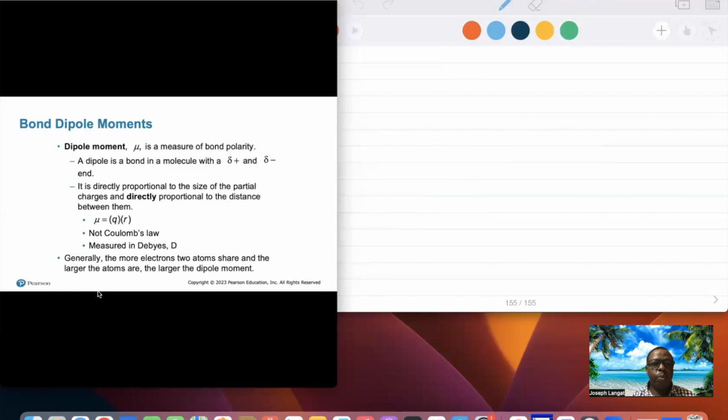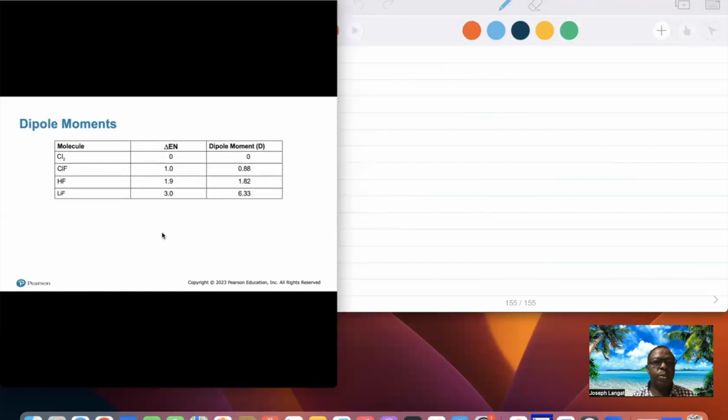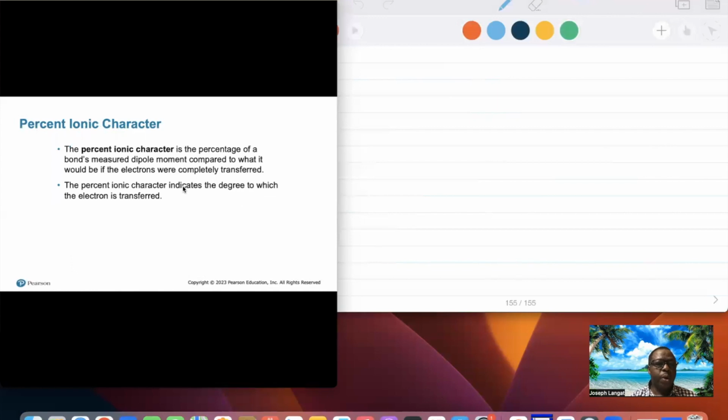Generally, the more electrons two atoms share, and the larger the atoms are, the larger the dipole moment. We use the dipole moment to calculate the percent ionic character.